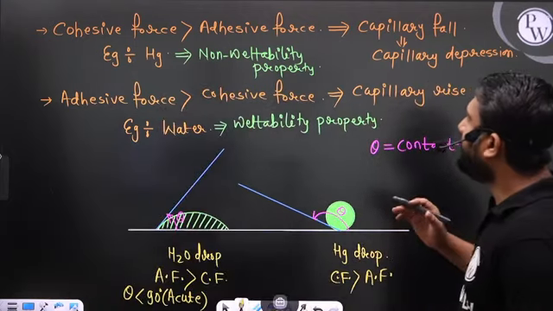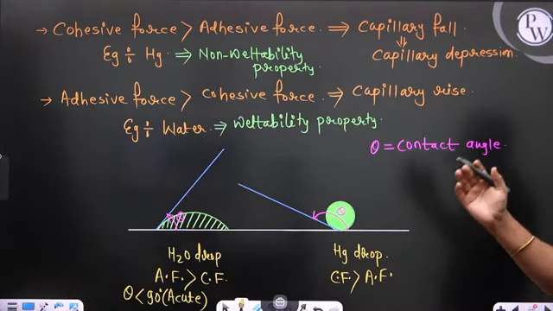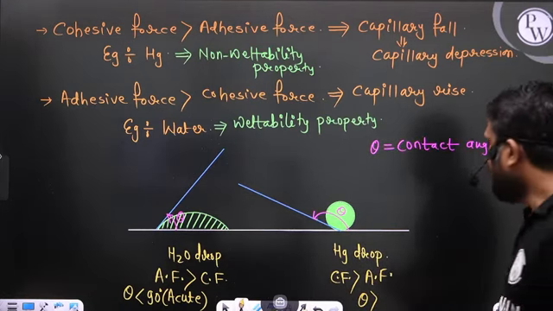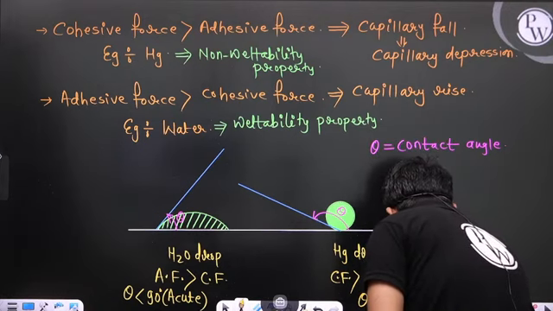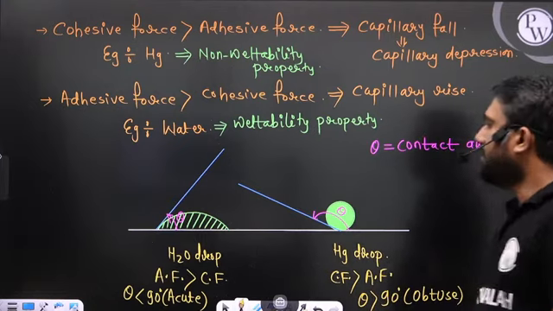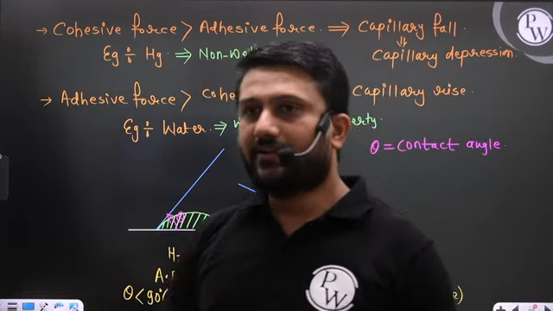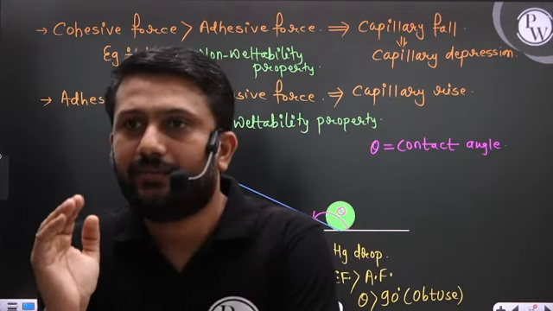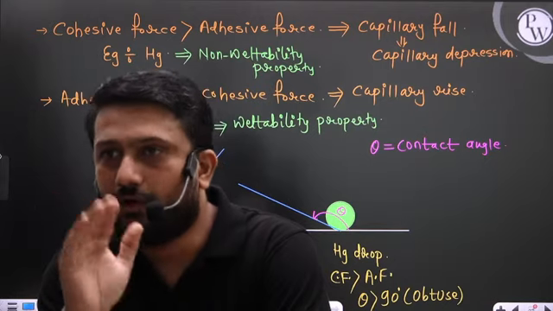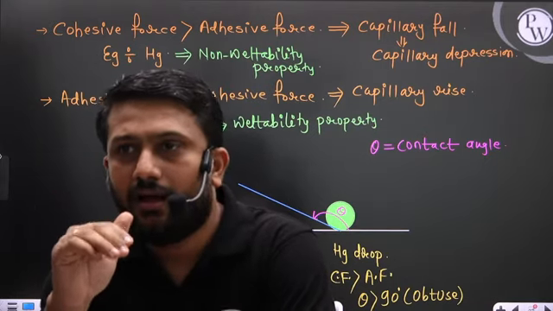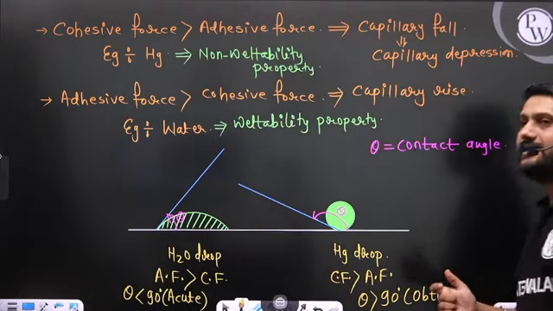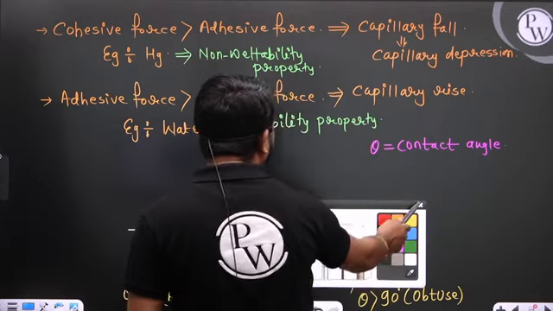Whereas for a liquid having non-wettability property, that theta value is greater than 90 degrees, that means this angle is an obtuse angle. So it is very simple. I hope you can understand this.